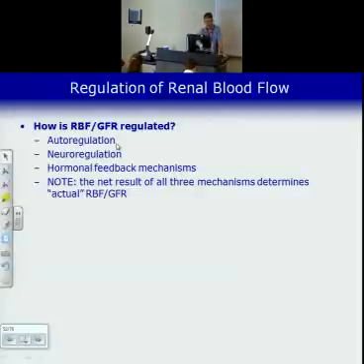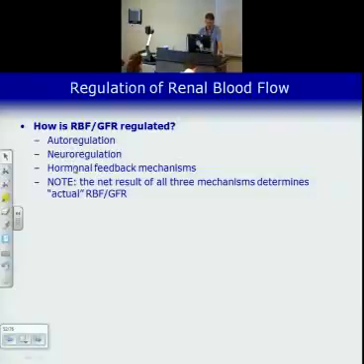And then systemically, it says neuroregulation, but it's basically your sympathetics, your autonomics, and then your hormonal feedback mechanisms. These are the big ones that are telling the kidney what to do based on what's going on in the body's physiology. So they're the big picture systems.